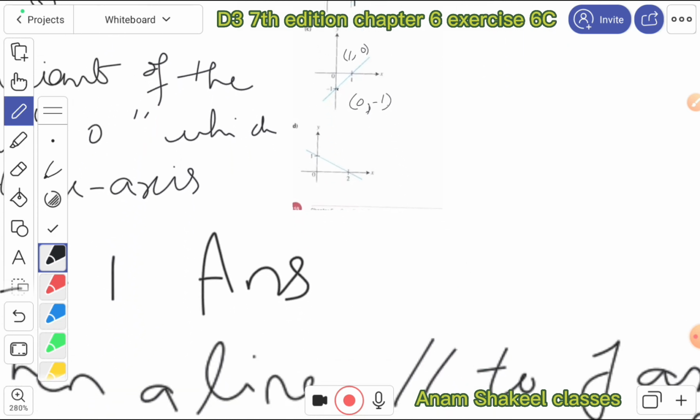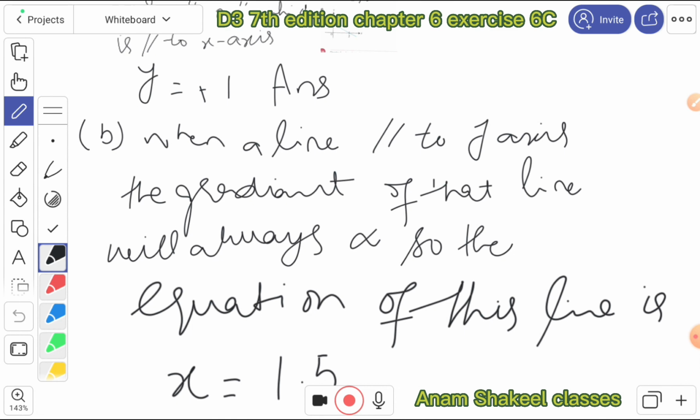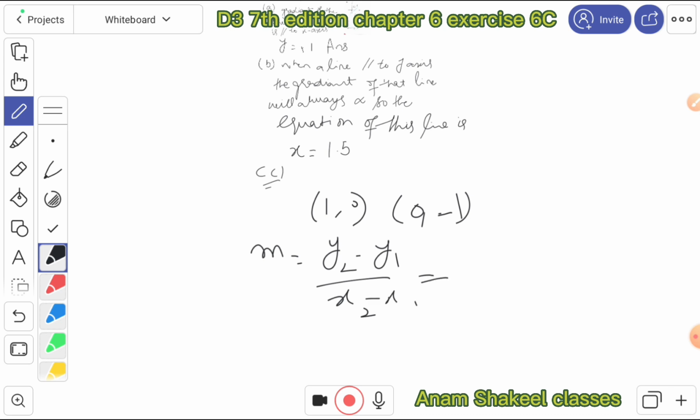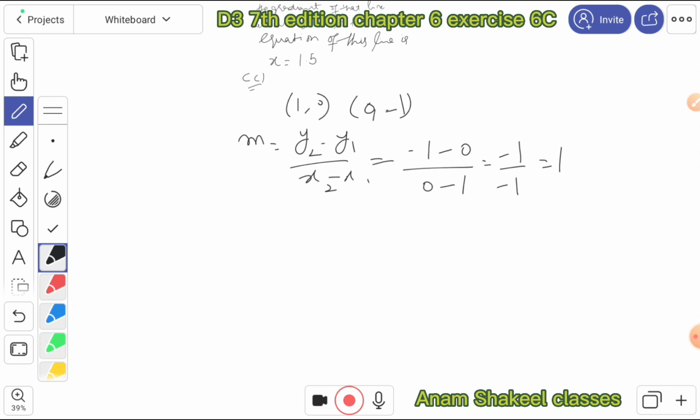So we will use these 2 points, (1, 0) and (0, -1), for finding the gradient and the y-intercept of this line. The formula for gradient is (y2 minus y1) over (x2 minus x1). So -1 minus 0 over 0 minus 1, so -1 over -1 is equal to 1. So the gradient of this line is 1.